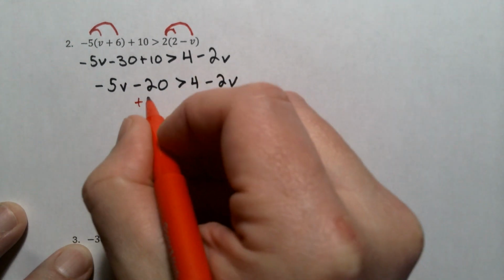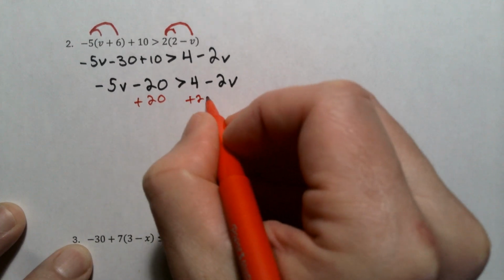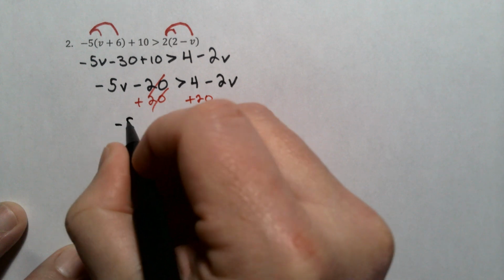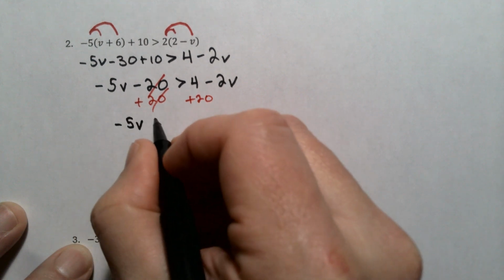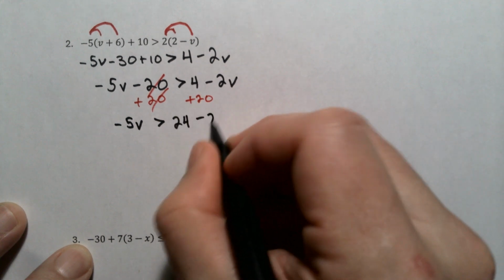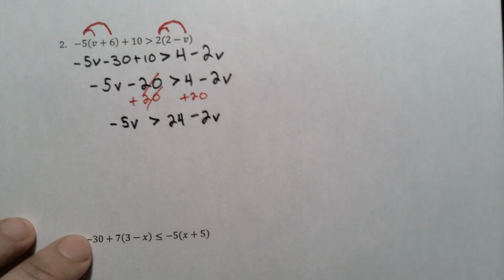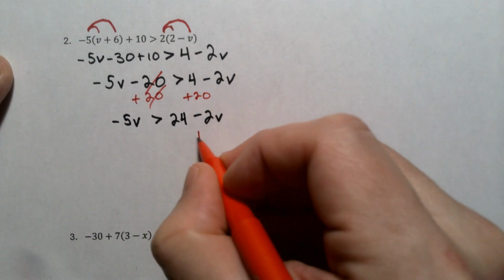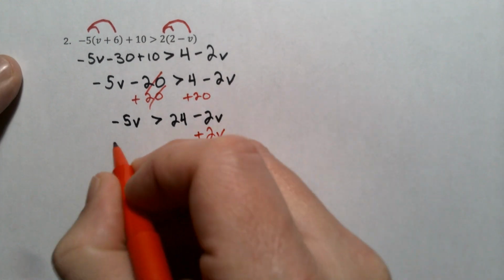So to get rid of this negative 20, I'm going to add 20 to both sides. That'll make it cancel there to give me negative 5v is greater than, this is 24, 4 plus 20, minus 2v.